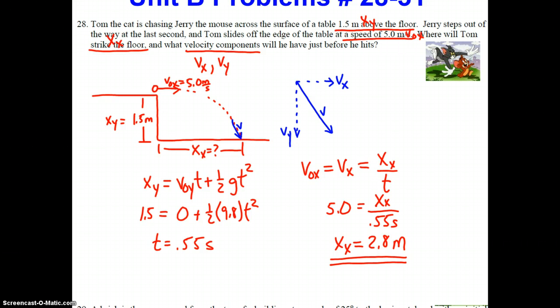Vx value we already know because we know that the velocity of a projectile horizontally remains constant. So we already know that answer is 5 meters per second.